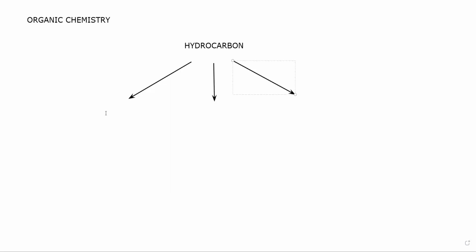And hydrocarbons are divided into three main classes: alkane, alkene, and alkyne. Alkane means within the structure, between the carbon atoms, there's a single bond throughout the structure.